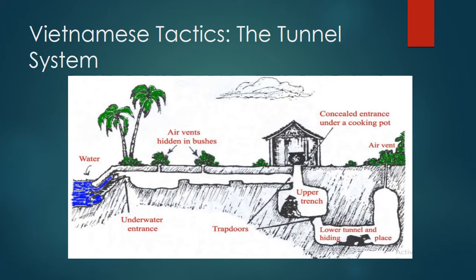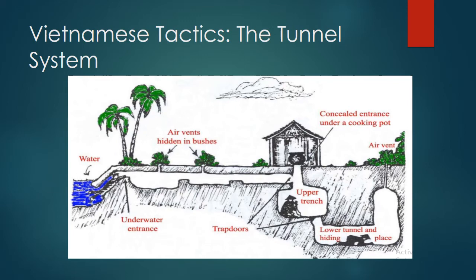So in this picture we can see that the air vents have been hidden under the bushes, and the entrance was kept hidden under a cooking pot.